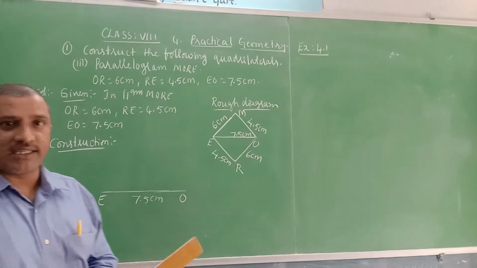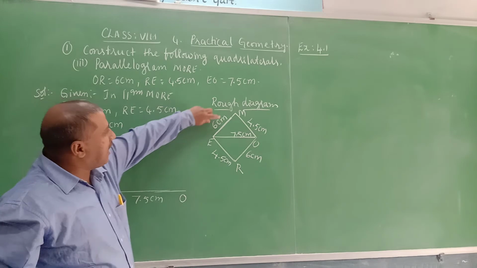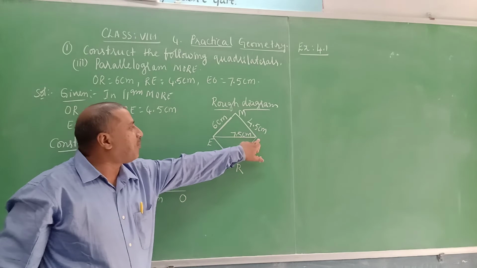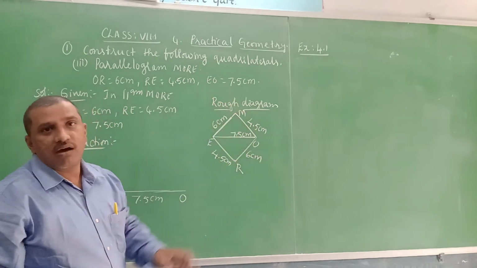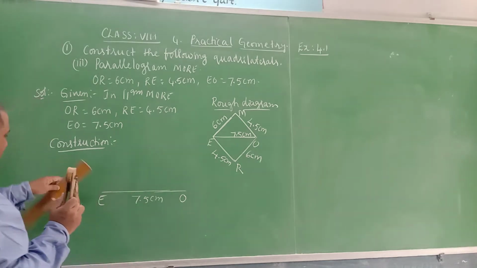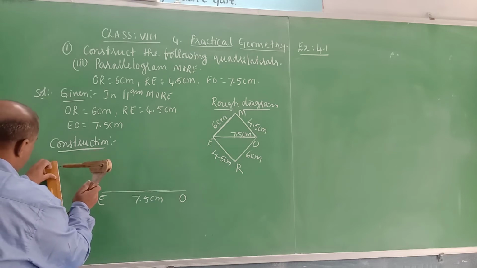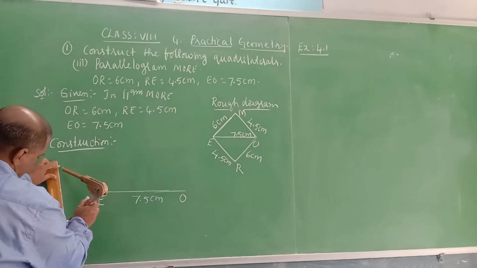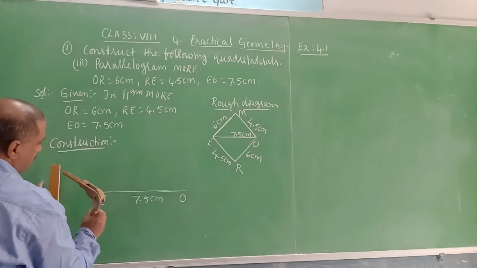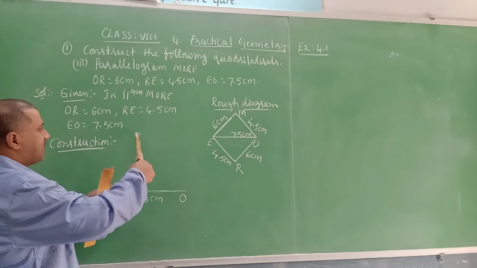Now to locate point M, draw an arc of radius 6 centimeters from point E, and from point O an arc of 4.5 centimeters. Both arcs will intersect and we locate that point as M. So first, from point E, draw an arc of radius 6 centimeters like this.